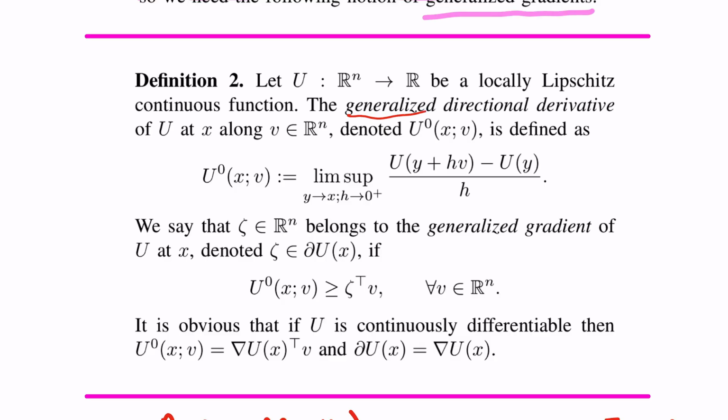So the generalized directional derivative of u at x along v. When we have f of x, for example, we would look at the derivative of this function at a specific point x naught, and here we need a point plus a direction.